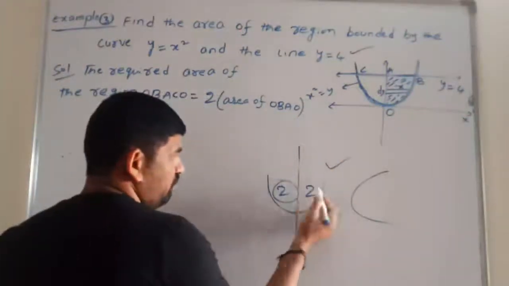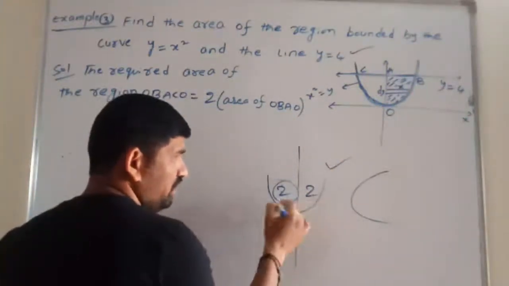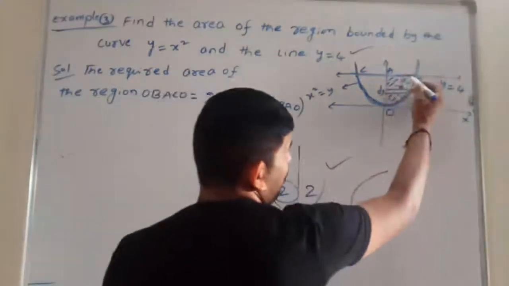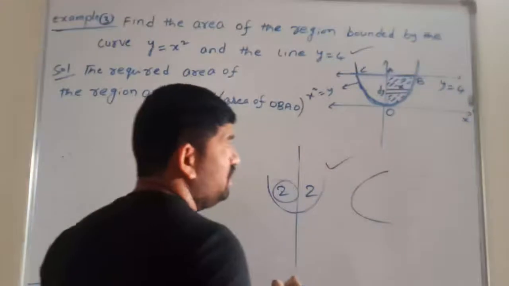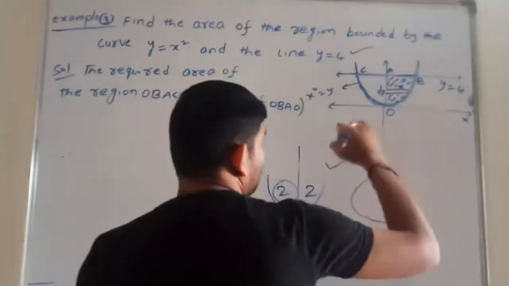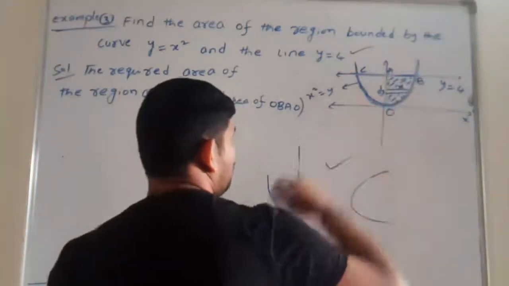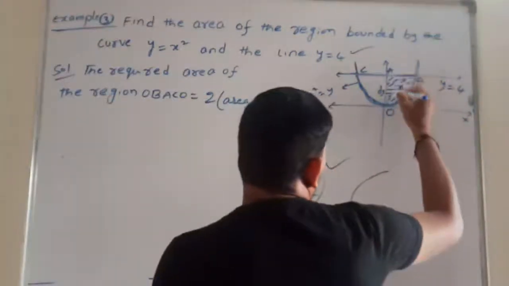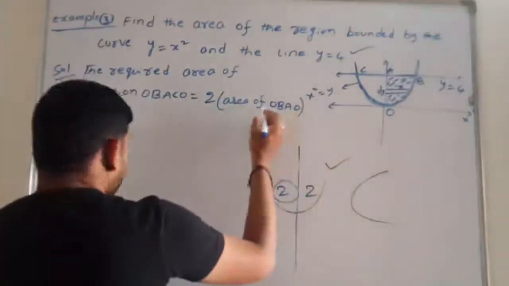Because both are the same part, both have equal area. If you find the area of this shaded region and multiply with 2, you will get the total area. That's why 2 into, I am just finding the area of O, B, A, O. See this.